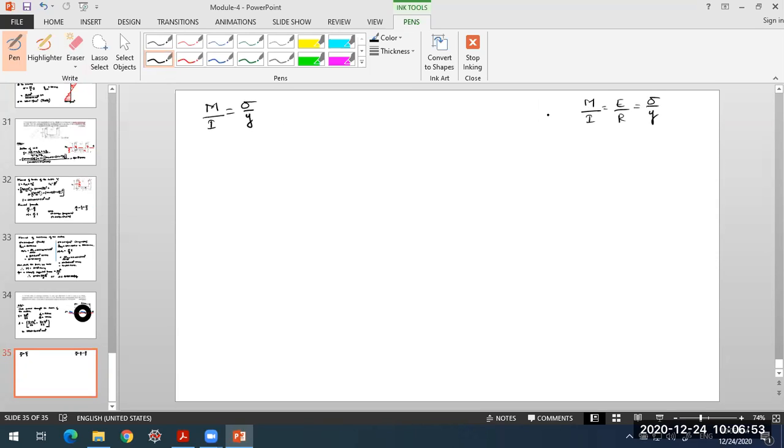In that we are using the first and third equations, and moment of resistance can be expressed as sigma by y into I. Now for our section, y top and y bottom will be the same, equal to half the outer diameter, d by 2. That is 86 upon 2, which is equal to 43 mm.